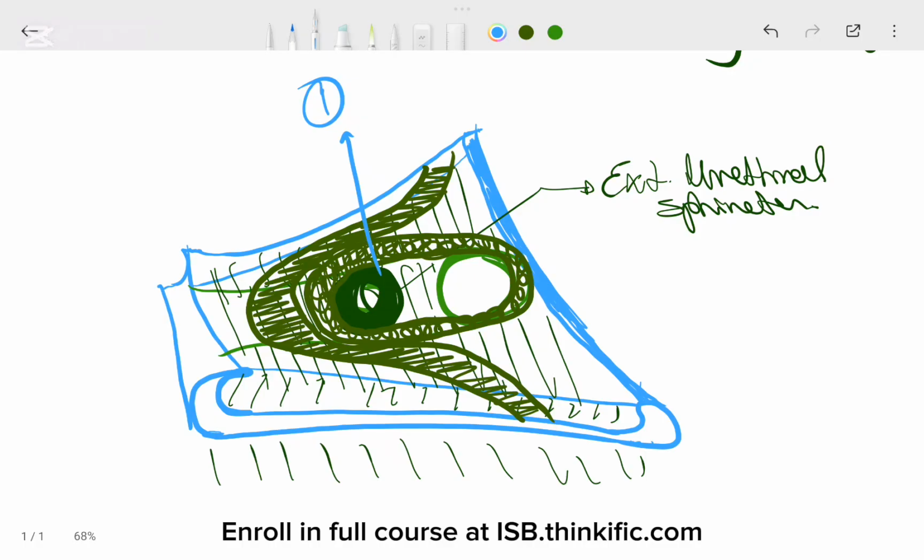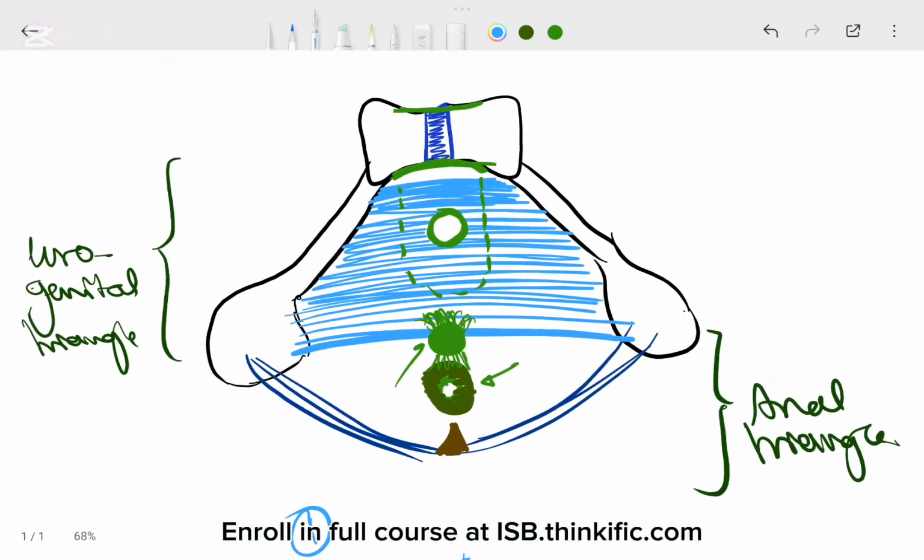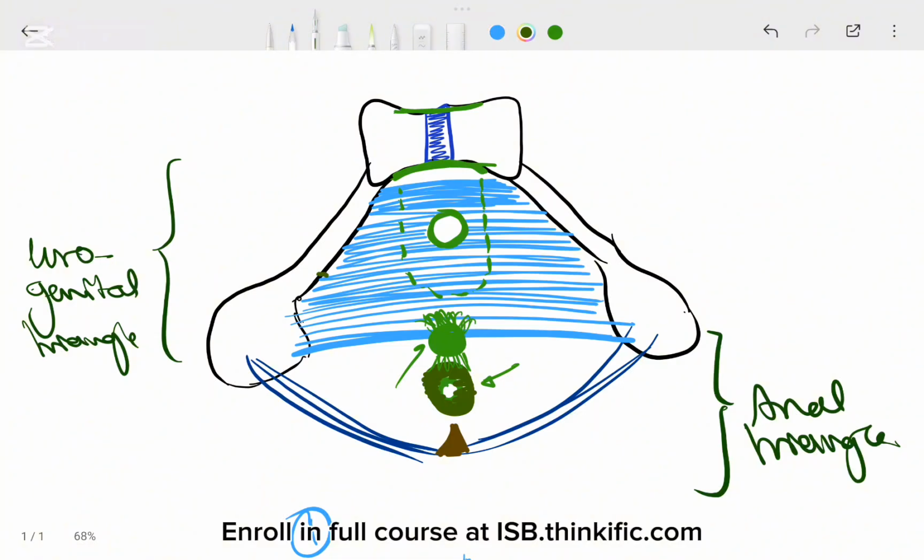The deep transverse perineal muscles, which are those, originate from the medial aspect of the ischial ramus, so it comes here, originates from this, right? Those are the deep transverse perineal muscles, also from this, like that, from both sides, and then they meet each other at the back.